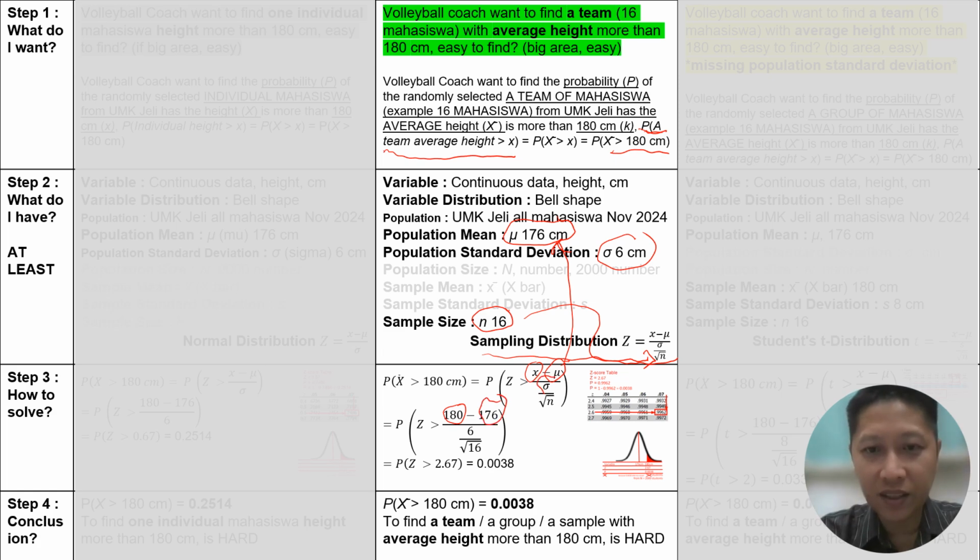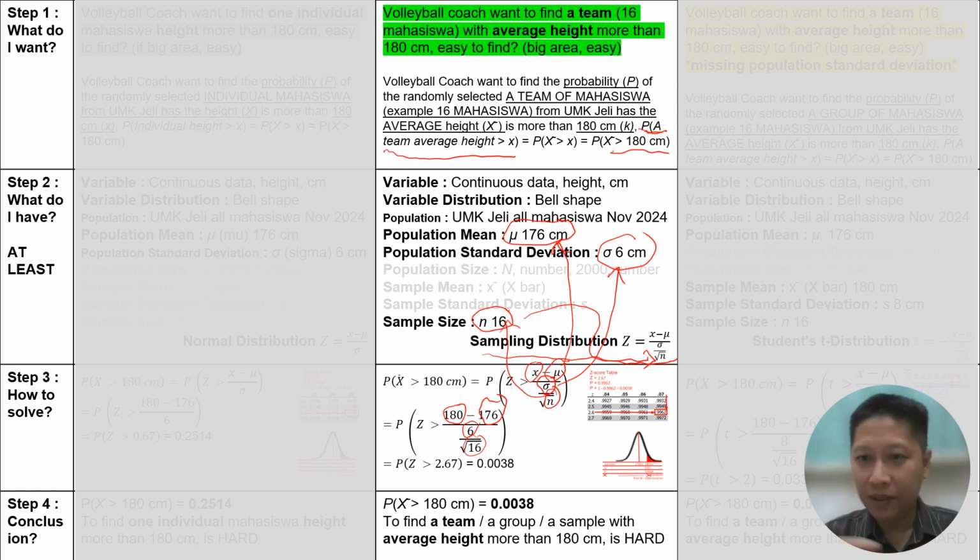And then this is the sigma. Sigma is the standard deviation. N is that team, that sample, how many? We have 16. So we're going to include 16 into the calculation. So we have 6 divided by the square root of 16.